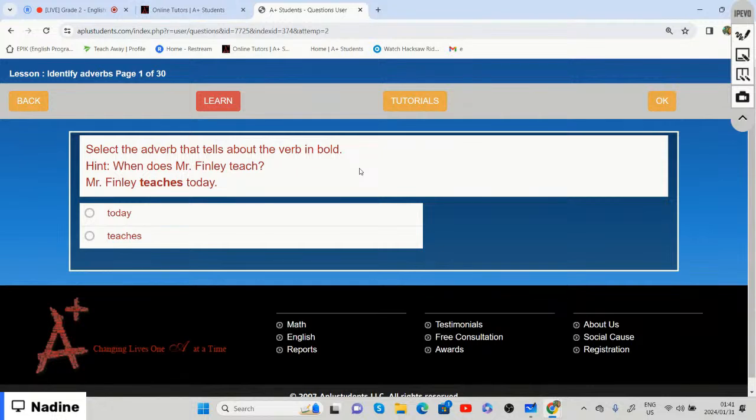So it says that we need to select the adverb that tells us about the verb in bold. When does Mr. Finley teach? We are basically Mr. Finley. Mr. Finley teaches today.